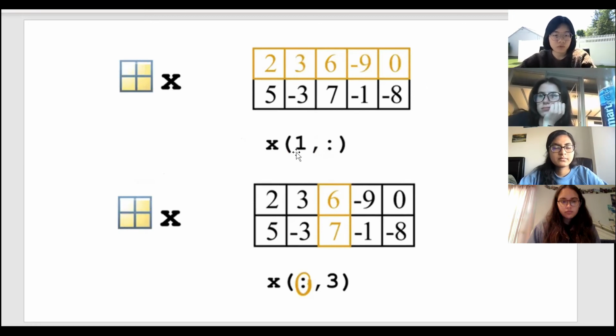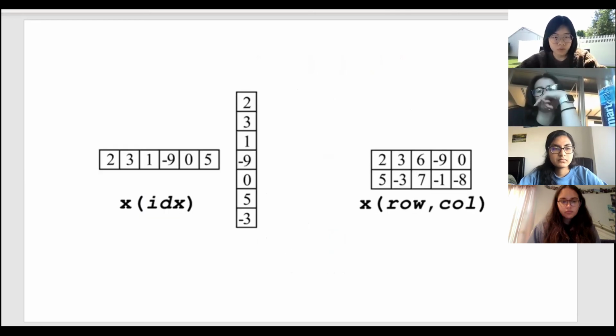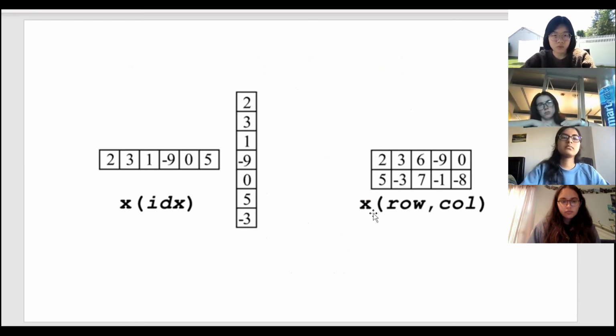So you specify the first row and then all columns, every column. And here you specify all rows of the third column. To sum up, with vectors, you only need one index or the range. And with matrices, you need 2 indexes, the row and the column.